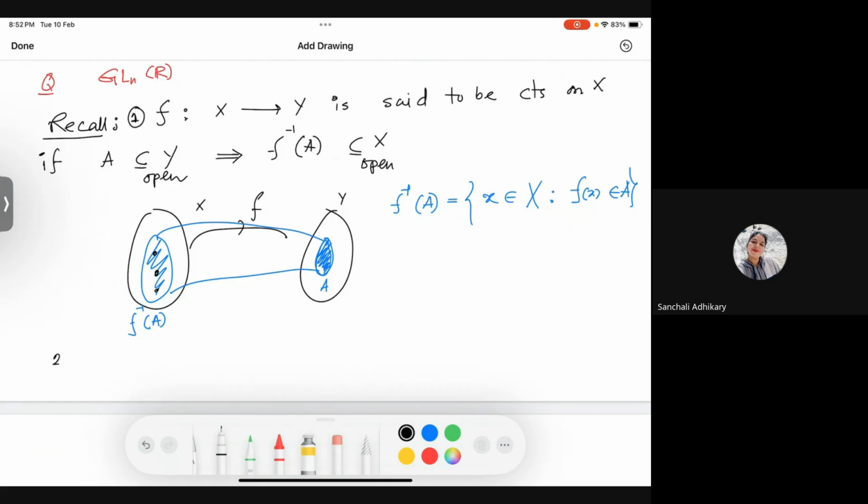Now the second property. Connectedness is a topological property.